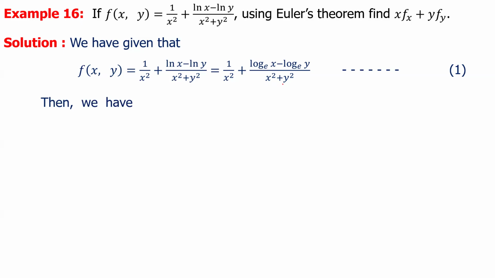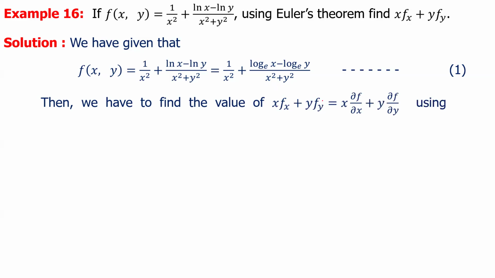Then we have to find the value of x into partial derivative of f with respect to x plus y into partial derivative of f with respect to y, or we can also write x del f del x plus y del f del y, using Euler's theorem.